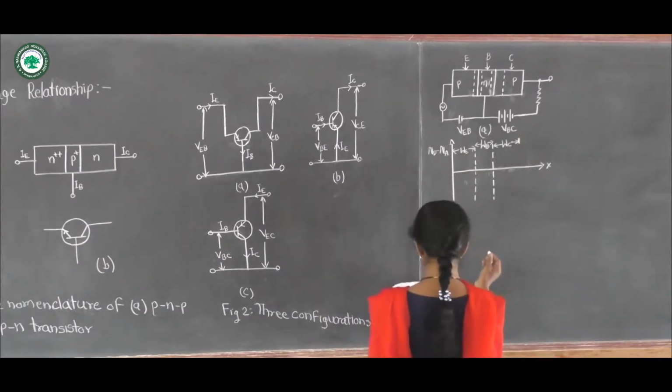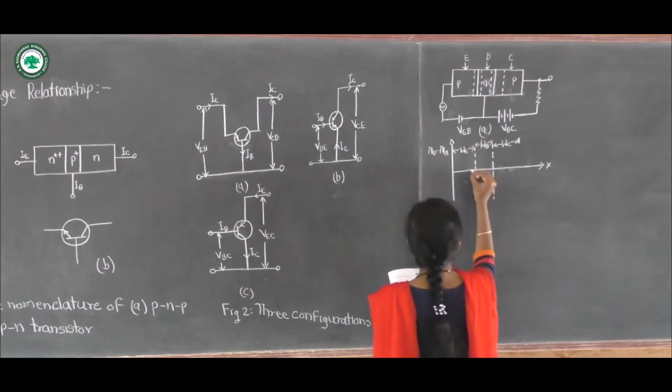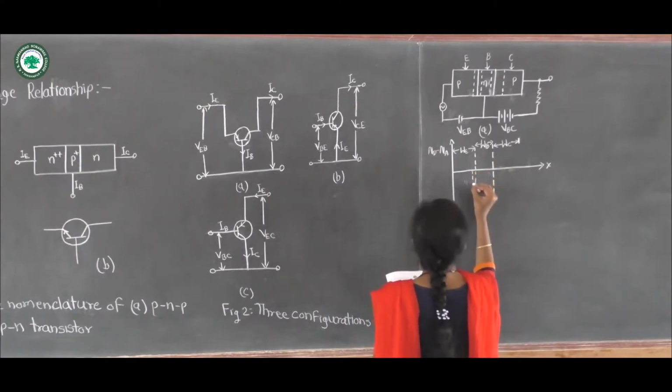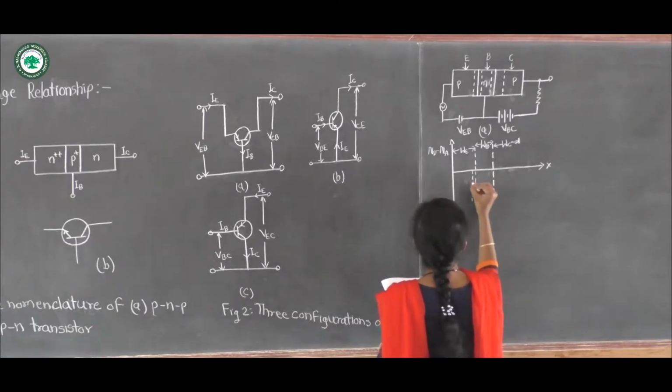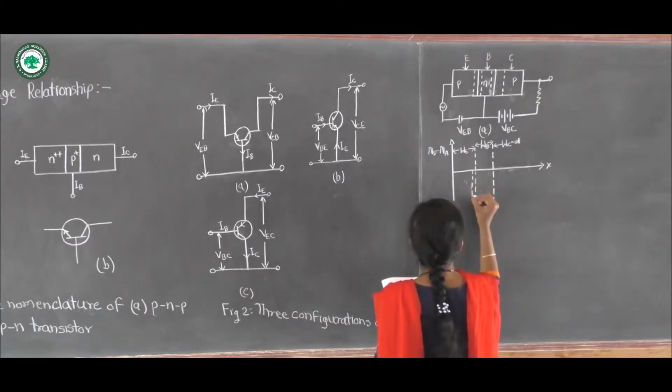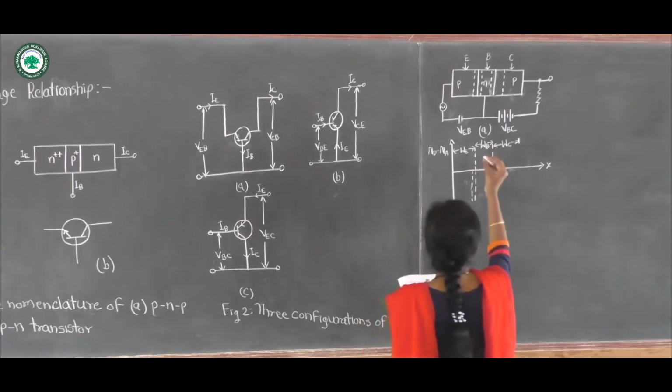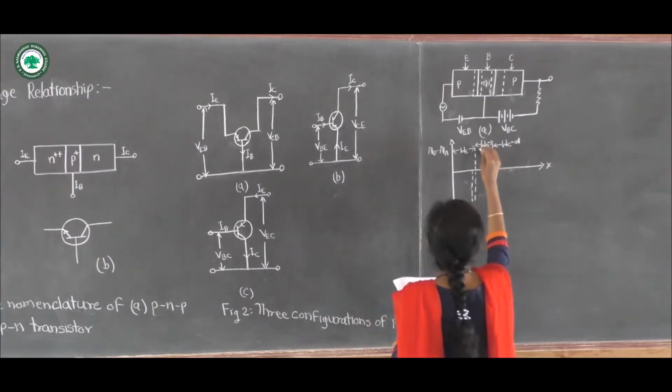Here this is the depletion region across the junction, which is in between emitter and base.